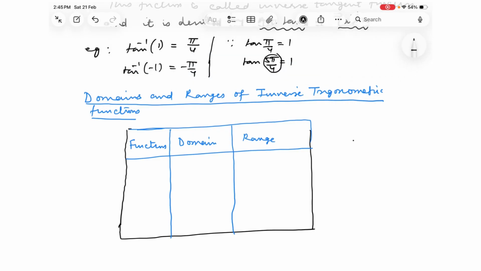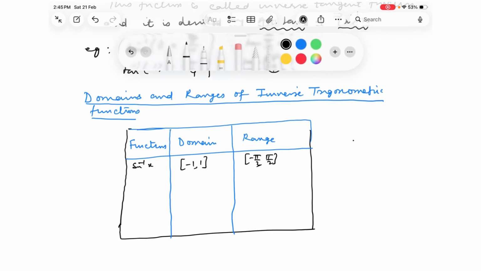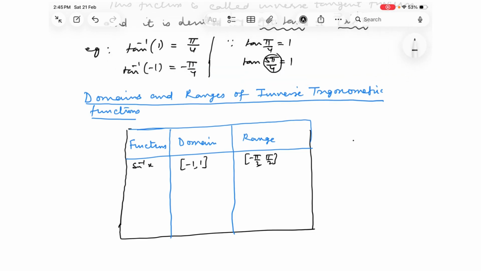Now, first function, sine inverse x. Domain, minus 1 to plus 1. Range, closed interval, minus pi by 2 to pi by 2. Okay. Second function, cos inverse x. Domain, minus 1 to plus 1. Range, 0 comma pi.